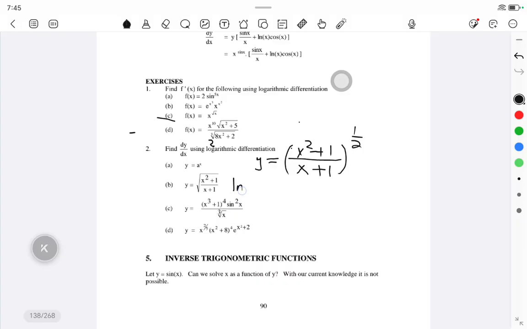If I introduce ln on both sides, ln of x squared plus 1 over x plus 1, to the 1 over 2, then I can just drop the 1 over 2.